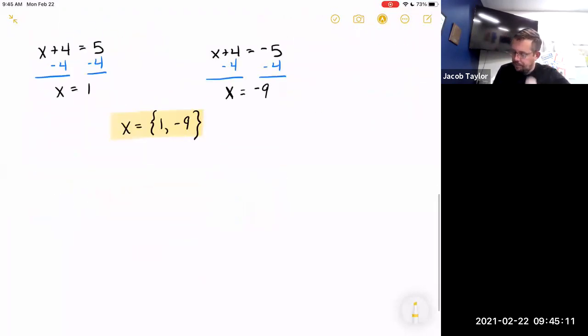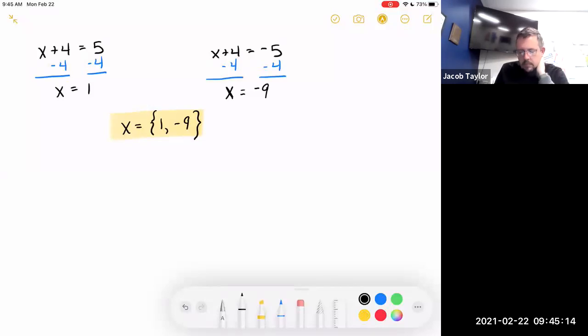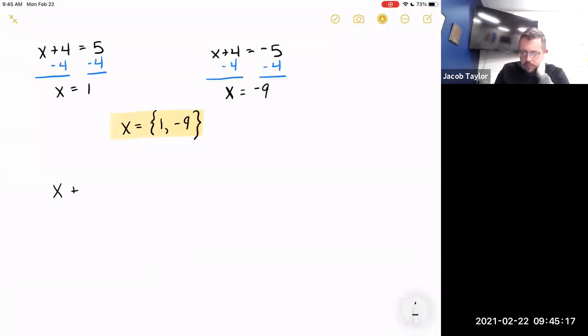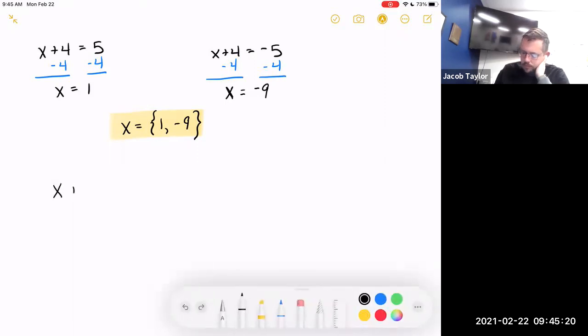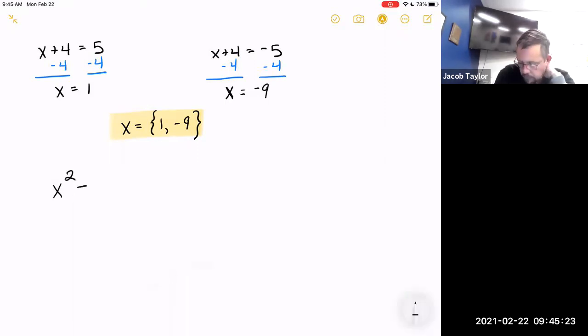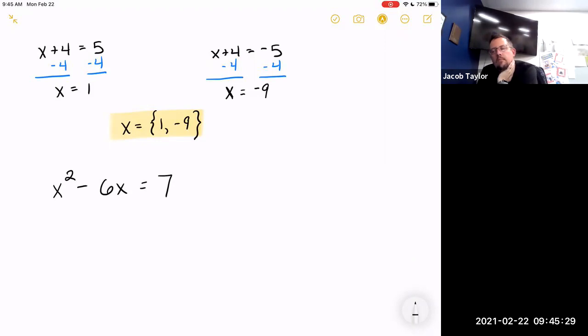Okay, let's try another one. Okay, step one is to isolate the constant, which we have done.